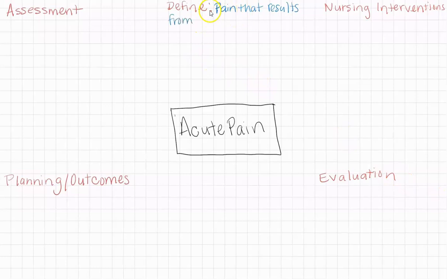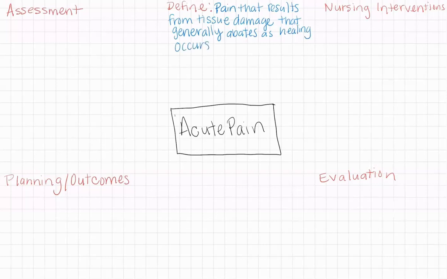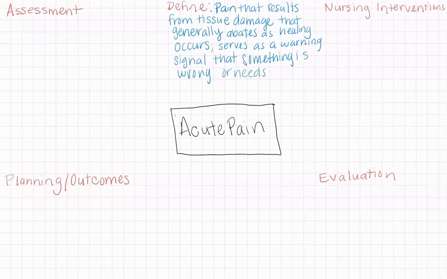Pain is defined as pain that results from tissue damage that generally abates when it begins to heal. Usually it serves as a warning signal that something is wrong or needs attention.